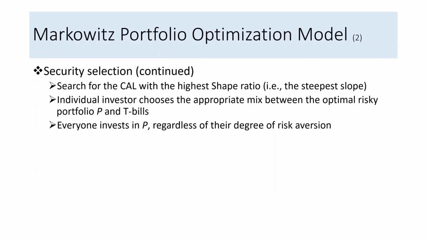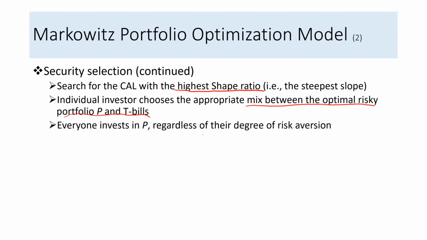Next, portfolio optimization theory says that the way of searching for the optimal portfolio is to look for the portfolio that offers the highest Sharpe ratio given a certain constraint. So after you have a frontier, you know what's the best possible portfolio that you can invest in. Now there will be an individual's choice to mix between the optimal risky portfolio P and the T-bills, the risk-free asset.